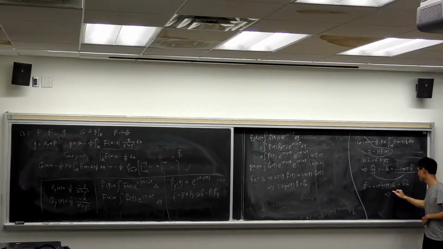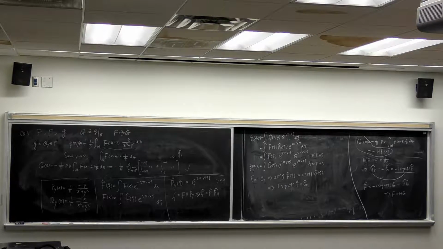So this tells us f is Hg. Let me summarize a little bit. This is another property of the Hilbert transform: we have f equals Hg, and we also have g equals negative Hf. This is the relation I wanted to derive for the imaginary and real parts of the trace function.